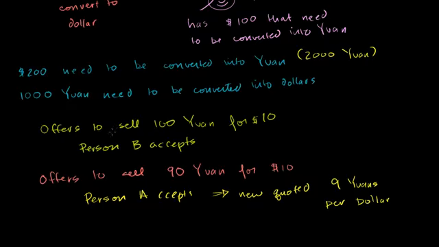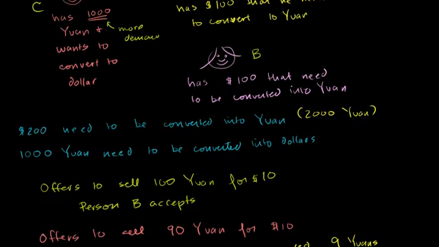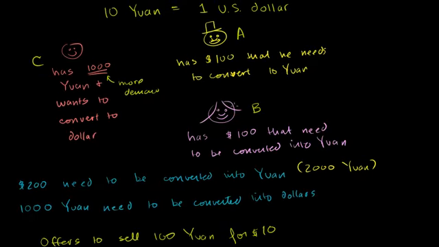I think you see the dynamic that's going to happen. There's more dollars that need to be converted into won than won that needs to be converted into dollars. So as this guy sees that there's a lot of demand to get his won, he's going to keep offering fewer and fewer won per dollar. Or these guys are going to start accepting fewer and fewer won for each of their dollars.